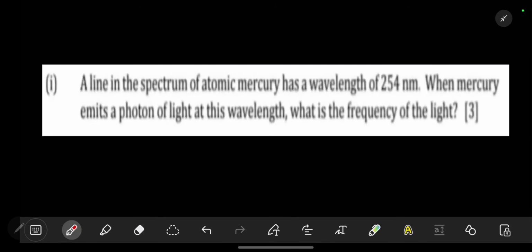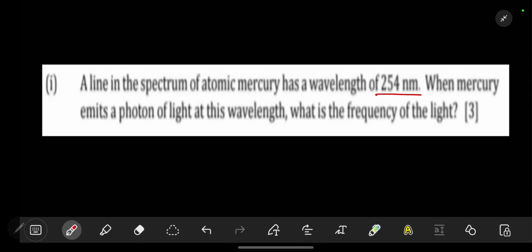Then this question says, a line in the spectrum of atomic mercury has a certain wavelength. When mercury emits a photon of light at this wavelength, what is the frequency?